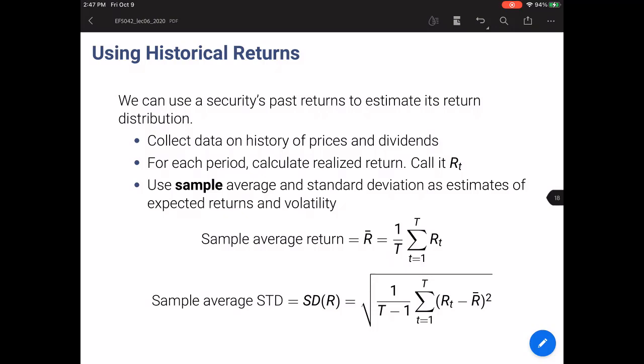So r hat here represents the sample average return, and also remember for the standard deviation, we're square rooting the variance. The variance is simply the deviation of the observed value from the sample mean, squared. And then to get an estimation, we take the average, but the average is over T minus 1 periods rather than T.